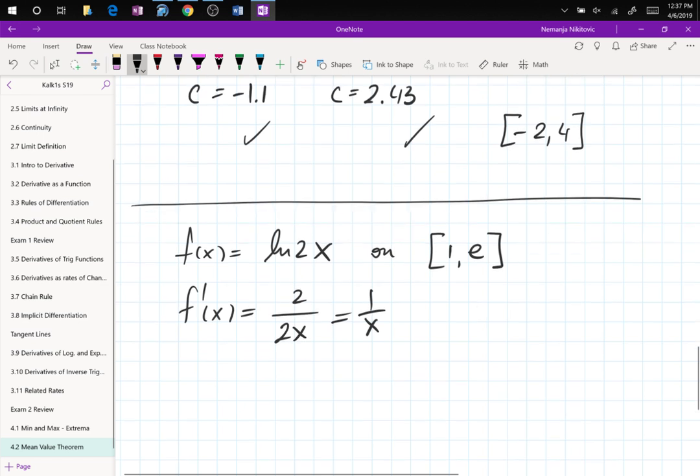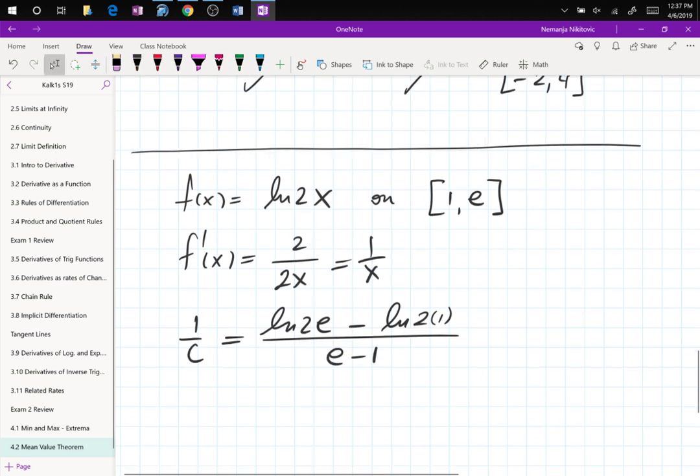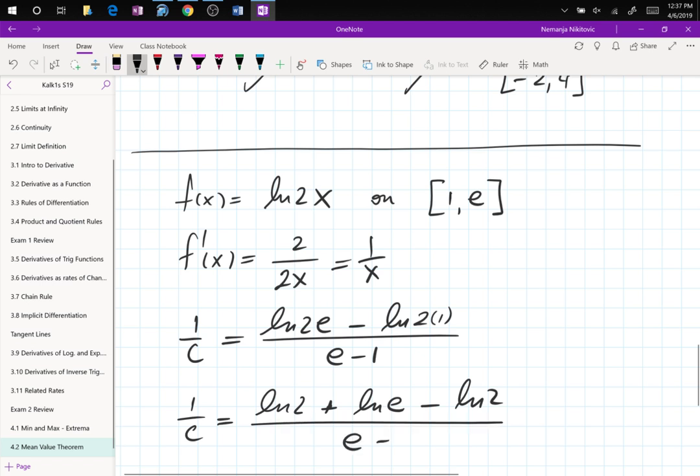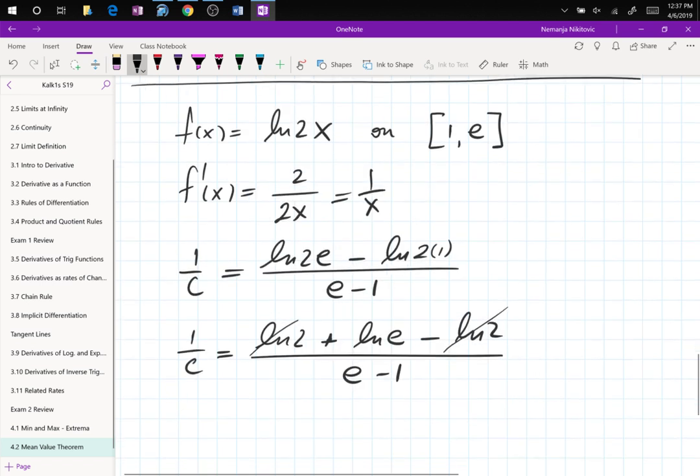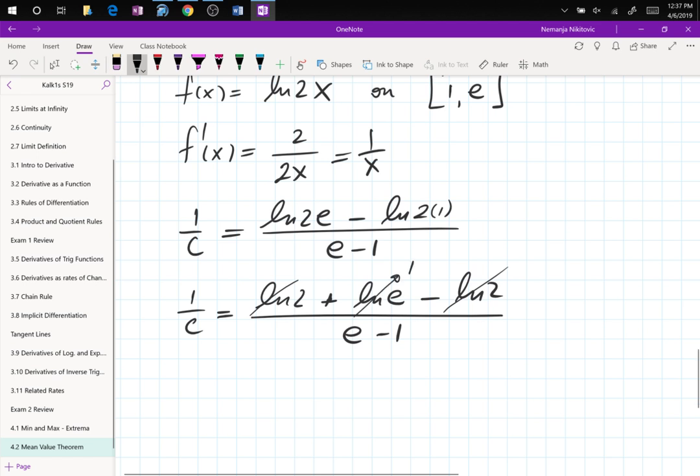So now f prime of c, that's 1 over c, is equal to the function computed at b, so that's ln 2e minus ln of 2, times 1 divided by e minus 1. 1 over c is equal to, you can split this in a log, ln 2 plus ln e minus ln 2. Oh, this is cool, because these ln 2's cancel, and ln e is 1.